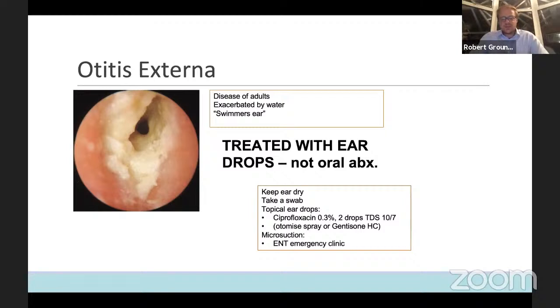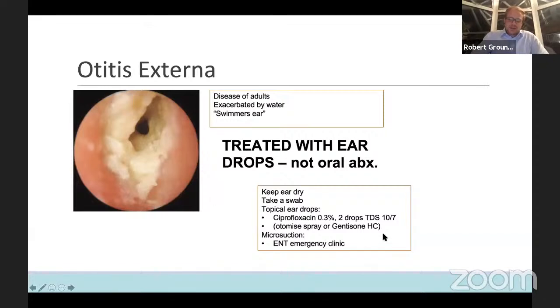The safest ear drops to use in this case, when you can't see through to the eardrum, which is fairly common, because theoretically this patient could have an acute otitis media with pus coming out into the canal giving you this as well, is ciprofloxacin. It's considered safe, even if there's a perforation. It won't do any harm to the clockwork behind the eardrum.